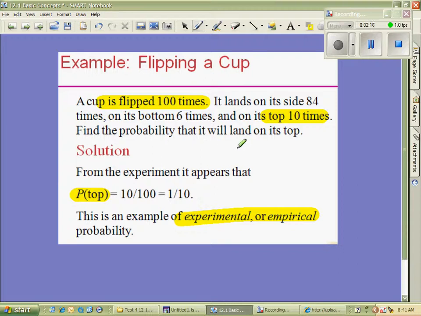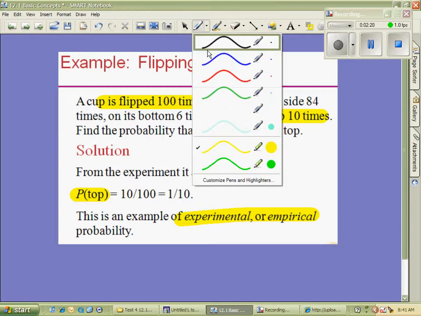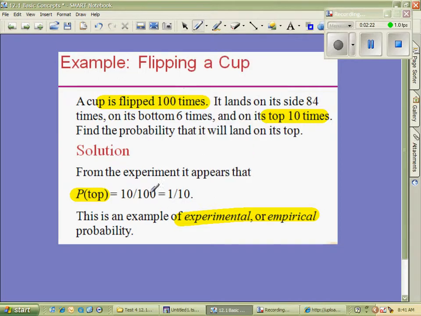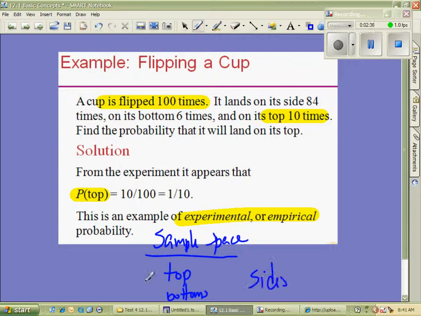But the key thing to remember is that my sample space is made up of the number of tops, the number of bottoms, and the number of sides. The number of tops is 10, the number of bottoms is 6, and the number of sides is 84. Those all added together add up to 100 possible outcomes.